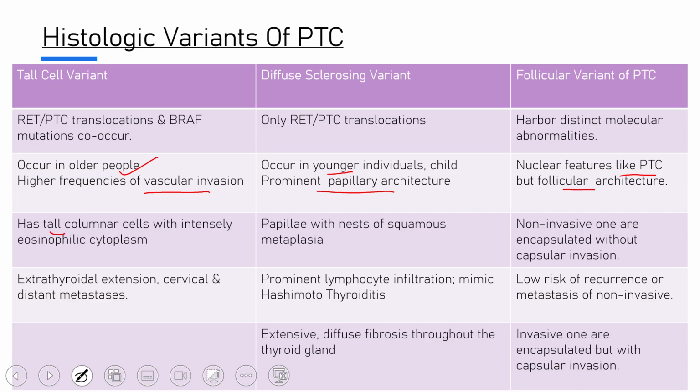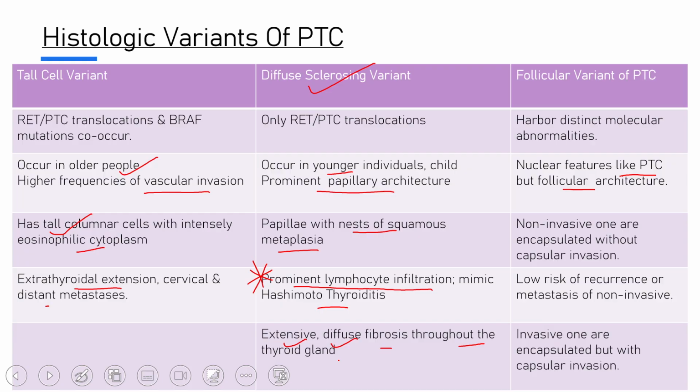The tall cell variant has tall columnar cells with intensely eosinophilic cytoplasm, and also a higher frequency of extrathyroidal extension and cervical metastasis to distant sites, while in the diffuse sclerosing variant, the papillary architecture has nests of squamous metaplasia, and there is prominent lymphocytic infiltration which mimics Hashimoto thyroiditis. And also there is extensive and diffuse fibrosis throughout the thyroid gland.